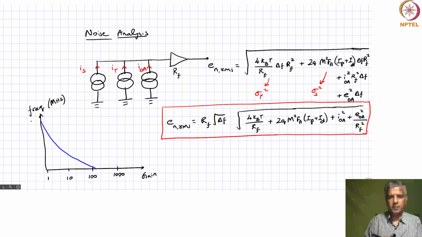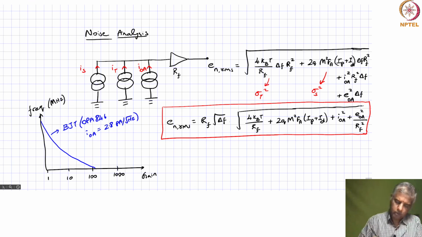If you look at a particular BJT op amp, one example is OPA846. If you consider OPA846, you have a noise current density in the order of about 2.8 picoamp per root hertz.